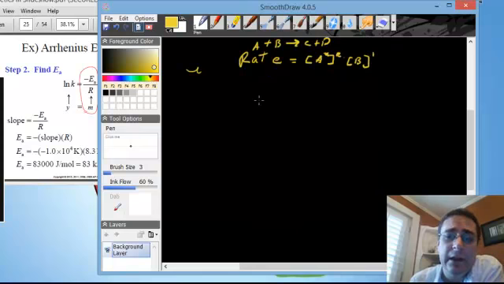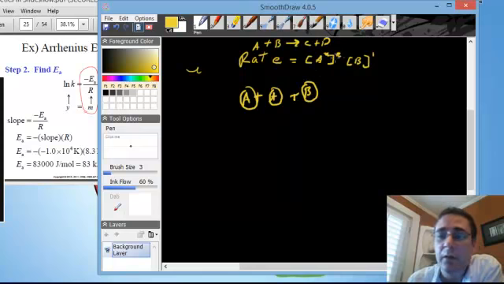What you're actually saying is that this step, being third order overall, requires the simultaneous collision in an elementary step of two A particles and one B particle, right? So we would guess that this reaction would be quite slow overall because it's third order. The higher the order, generally the slower the reaction because of those reasons.